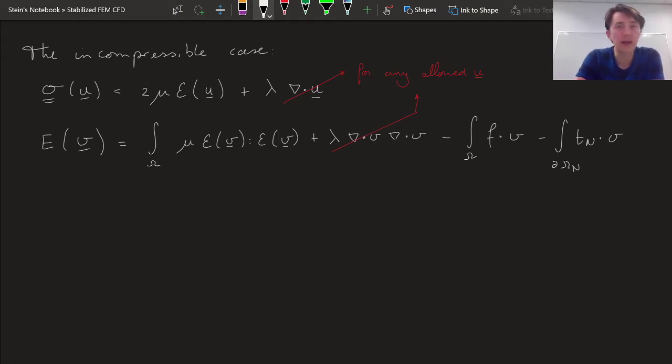So we could try and enforce this constraint, the incompressibility constraint, directly in our minimization statement.